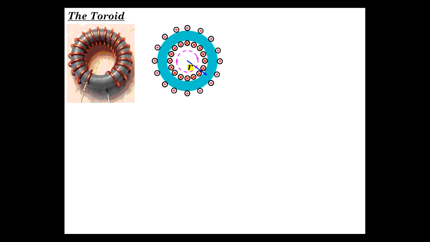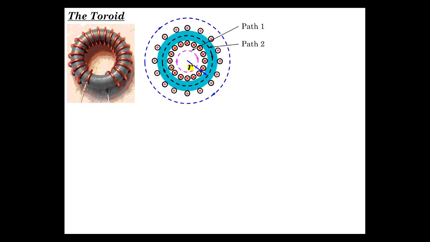So we have three different regions. We'll talk about path 1 inside this thing, path 2 inside the iron-based core of the toroid structure, and then outside the whole thing will be path 3.